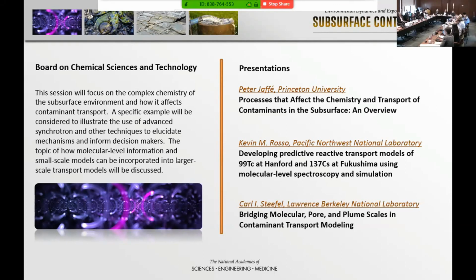Go ahead, Kevin. Sorry, just to follow on with Timothy's thought about fusion of different perspectives applied to the problem. It brought back to mind that, I guess a year or maybe 2 years ago, BES held a workshop that focused on some of these issues, how to treat the subsurface in a top-down, holistic way that was able to embrace molecular detail where necessary and build it up into larger scale models.